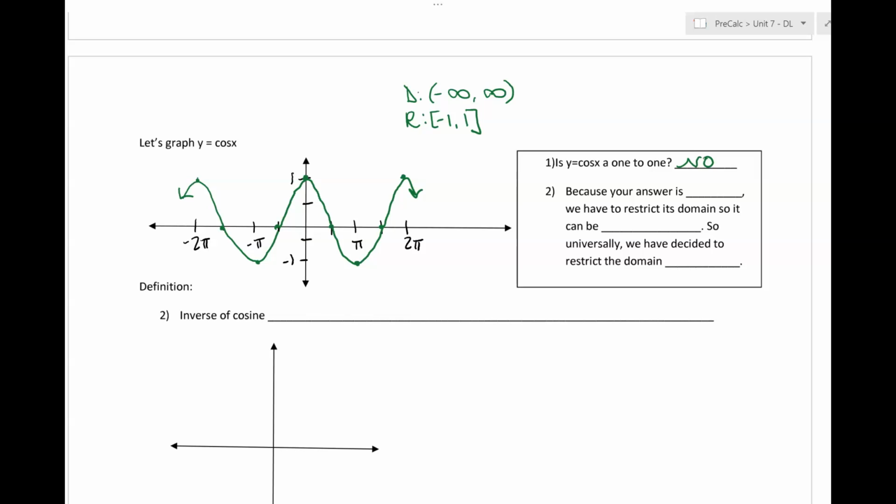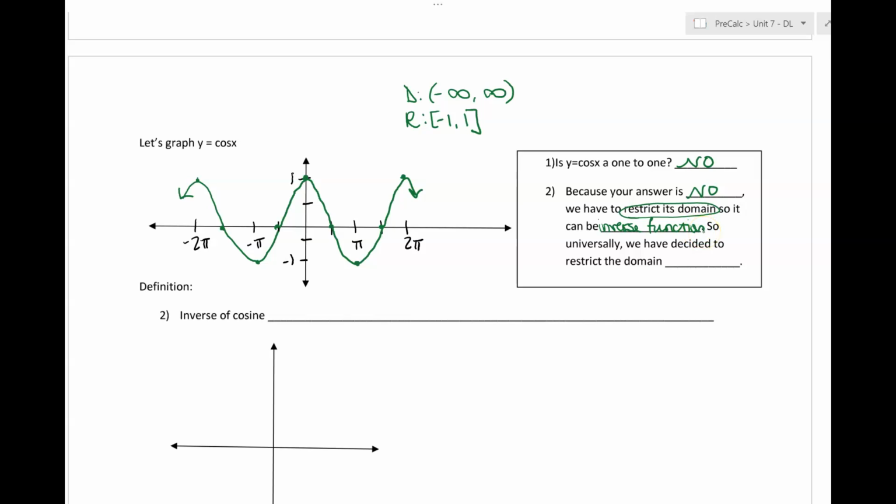So if we were to take cosine as is and apply the characteristic where the x and y values switch for its inverse, it would not be a function because the domain and ranges switch. So the y values repeating here for the inverse would be the x values repeating, which means that it's not a function. So since our answer is no, we're going to have to restrict the domain so it can be an inverse function.